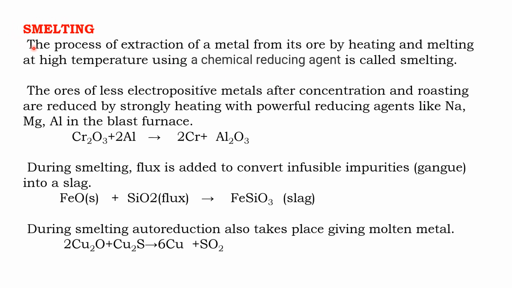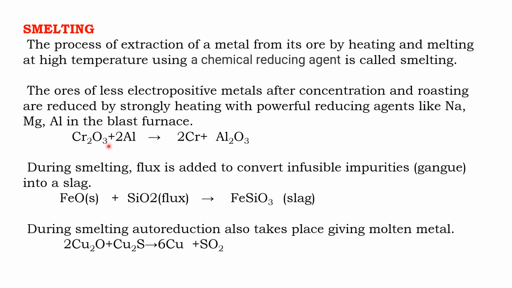Another pyrometallurgical process is smelting. In this process, we are using high temperature. Along with high temperature and the ore material, we add certain chemical reducing agents. So we have the ore material here, chromium oxide.